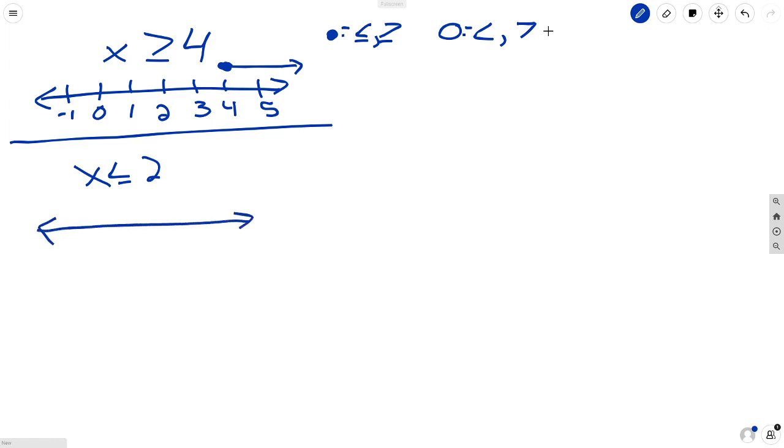So again, we have a number line here. Alright, so we're including 2 in this, so we do a closed circle here. And we're looking at all of the numbers that are less than 2. And this goes on forever.